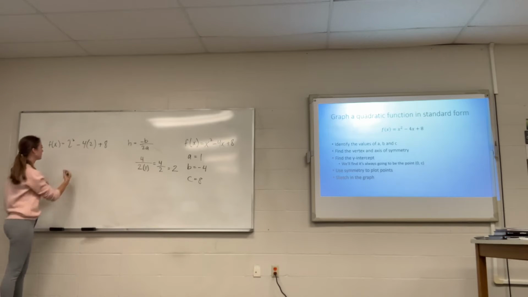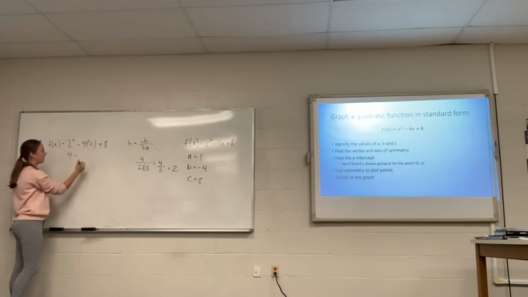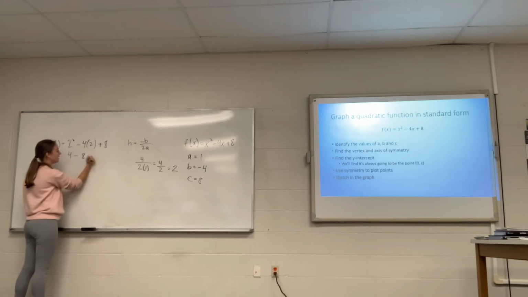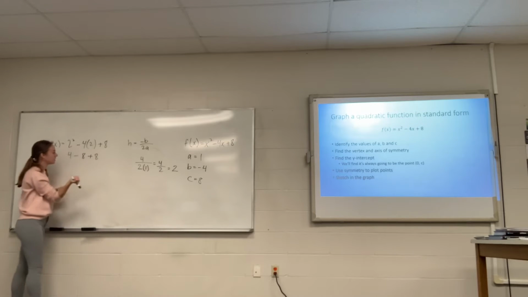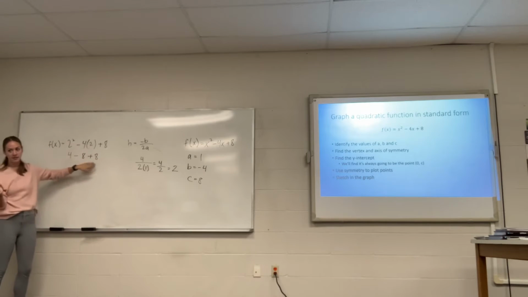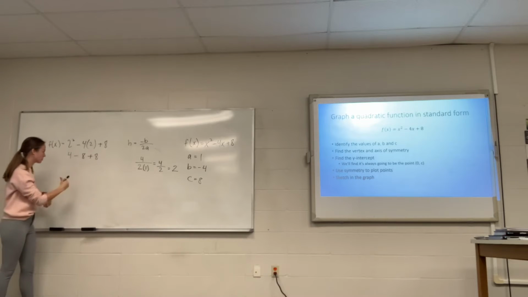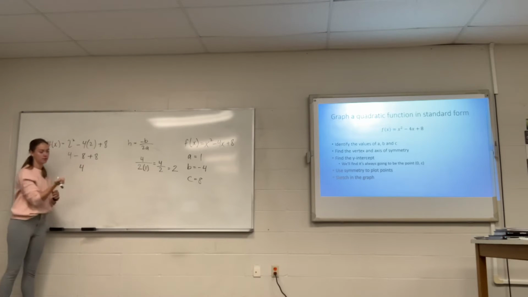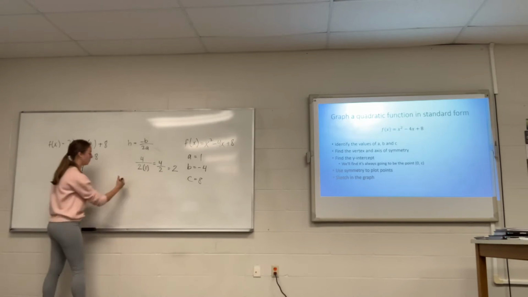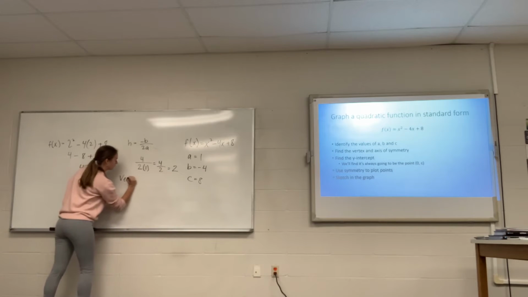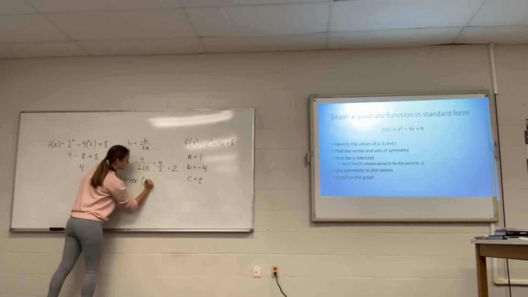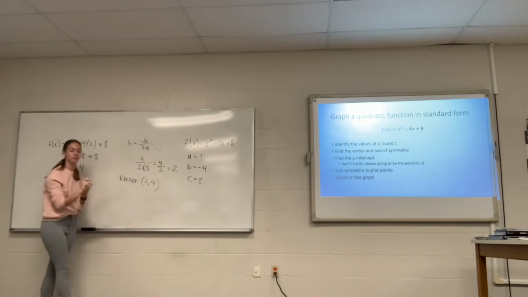So 2 squared is 4, minus 4 times 2 would give me 8, and then I have the plus 8. Well, the negative 8 and the positive 8 are going to cancel each other, so I'm left with just 4. So I find out that my vertex is going to be at 2, 4. Okay?